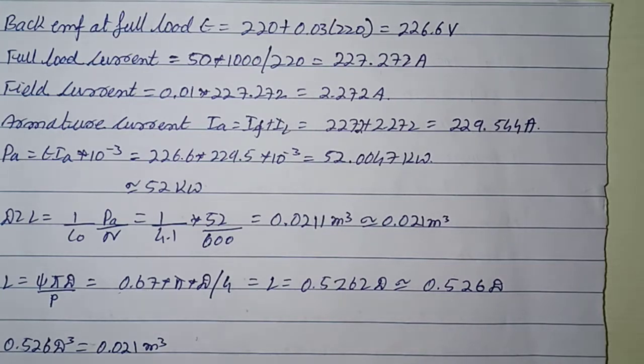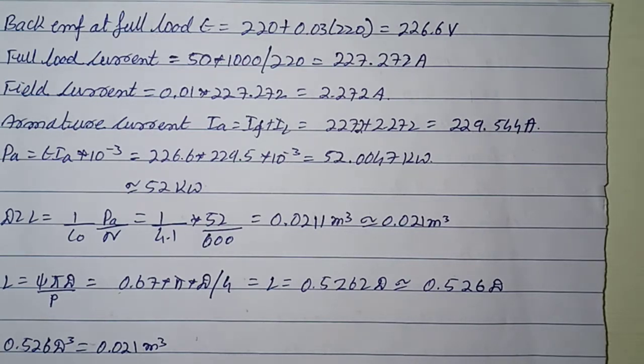Full load current is equal to 50 into 1000 divided by 220, because it is the 50 kilowatt divided by the rated voltage of 220 volt, which is 227.272 ampere. The field current is 1% of that, 0.01 into 227.272, which is 2.272 ampere.